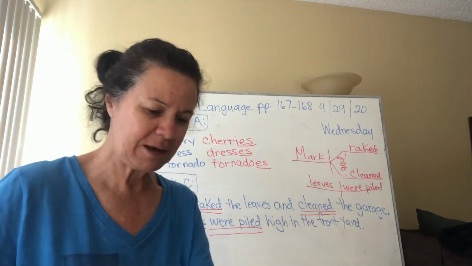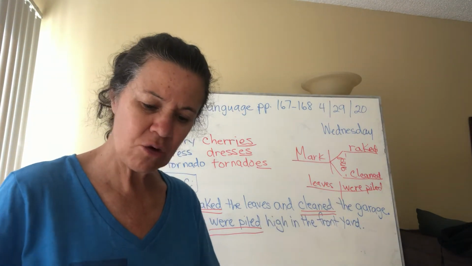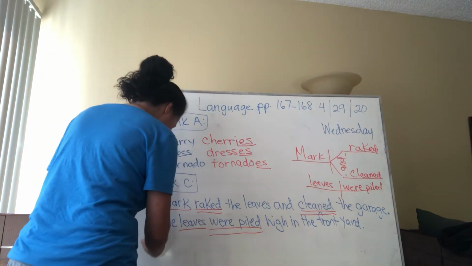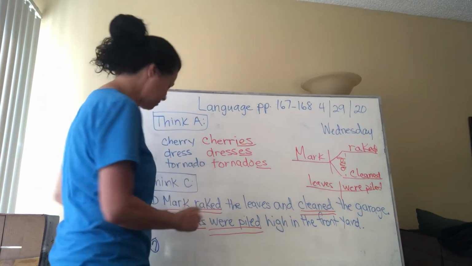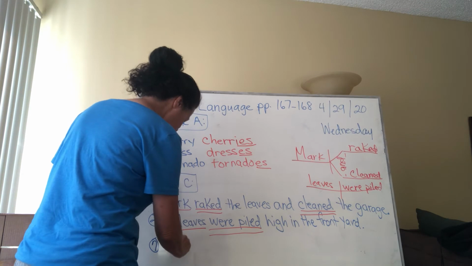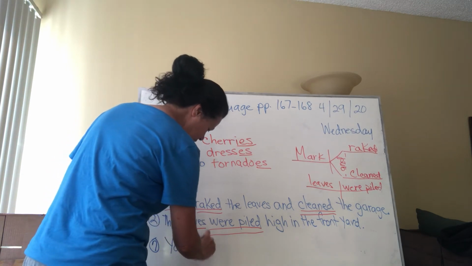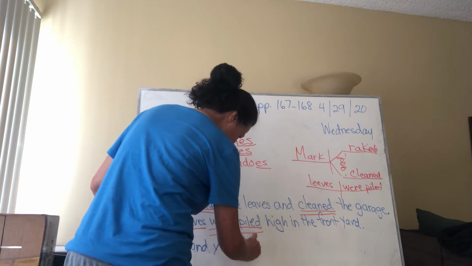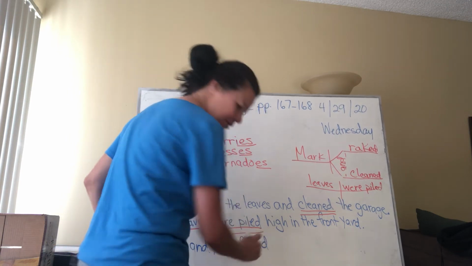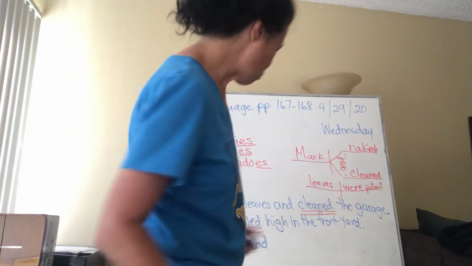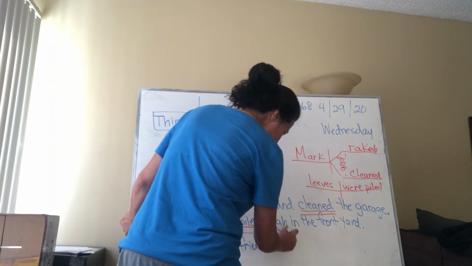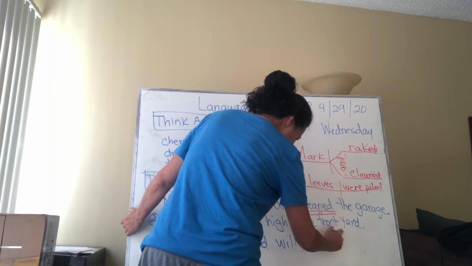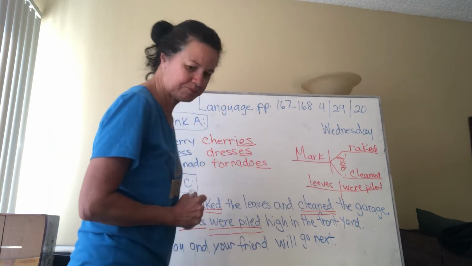Let me find my pen here. It says, you and your friend will go next. So let's jump down to number 7 so you could see a compound subject. You and your friend will go next. Okay?